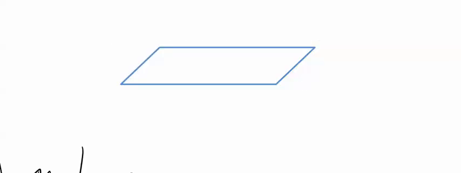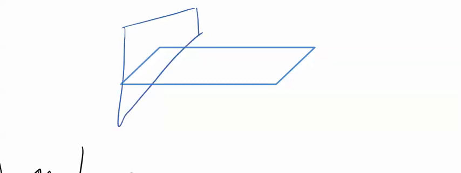So let's say that we create a plane right here, that's one plane, and then we create another plane that is intersecting it. Bear with the diagram as this will be going through.